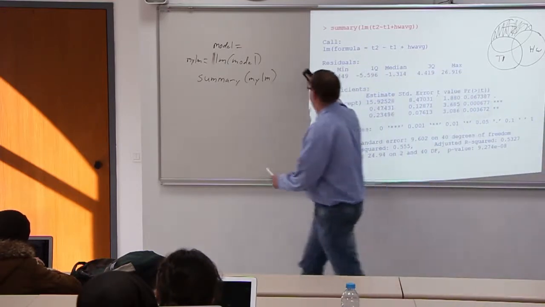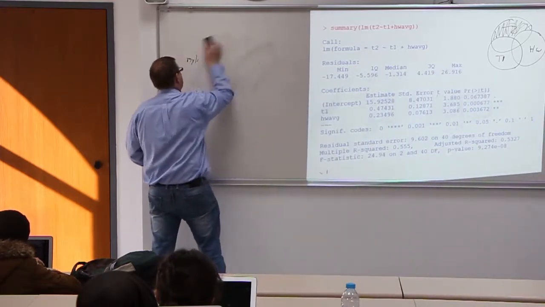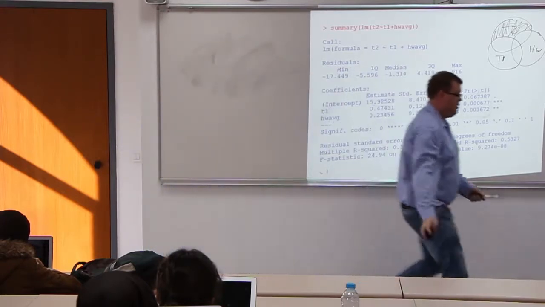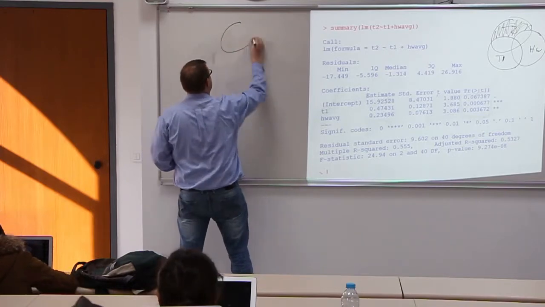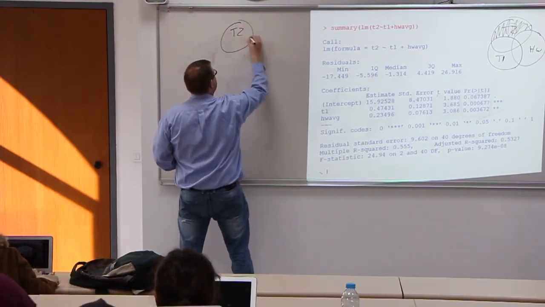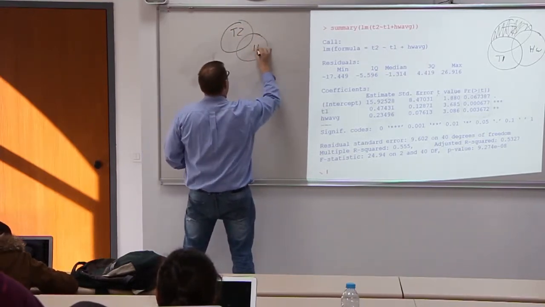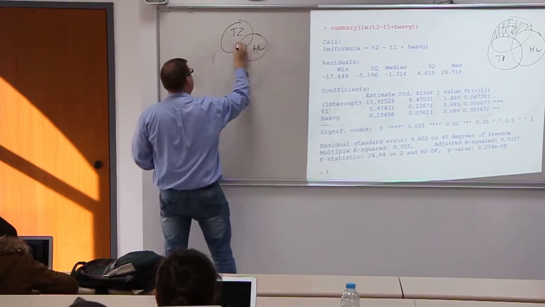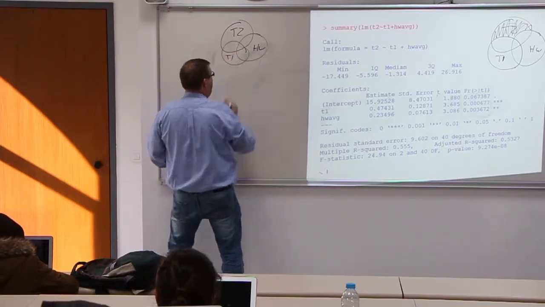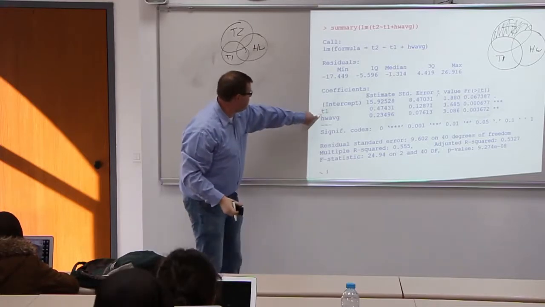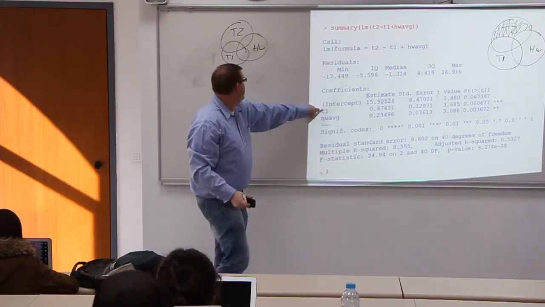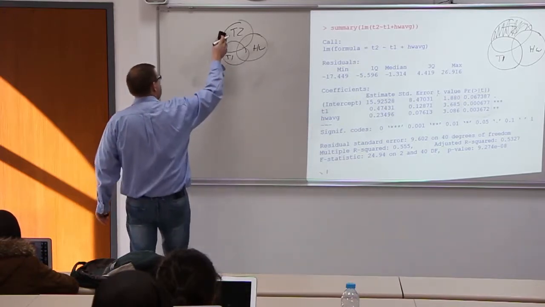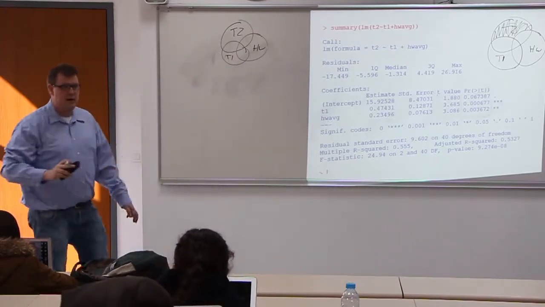So I want to make a few of them. T2, homework, T1. So this T1, this partial regression coefficient, is trying to predict T2 from T1.